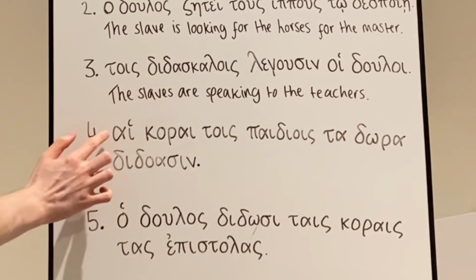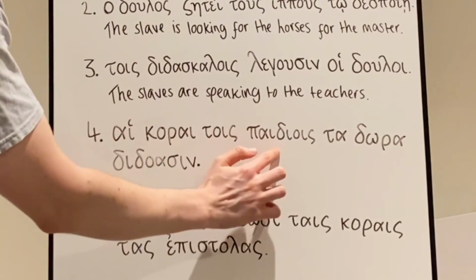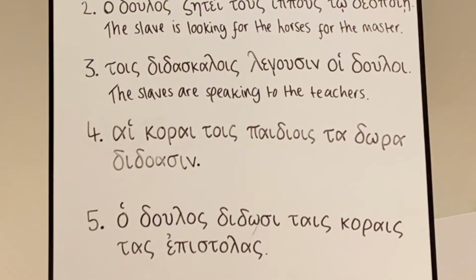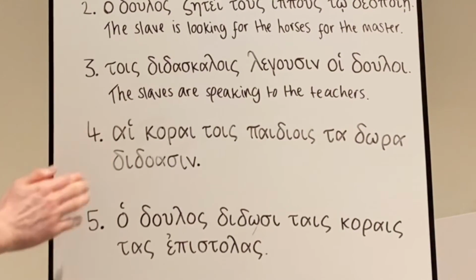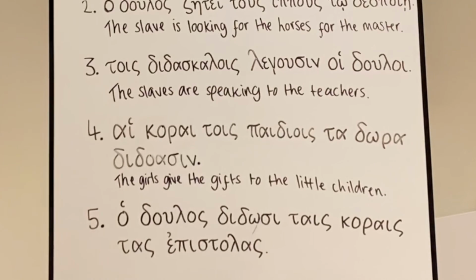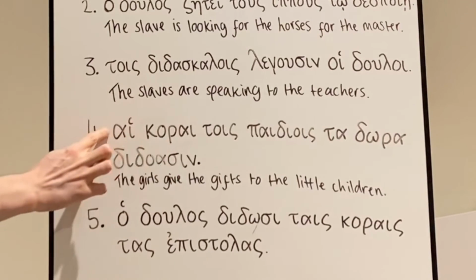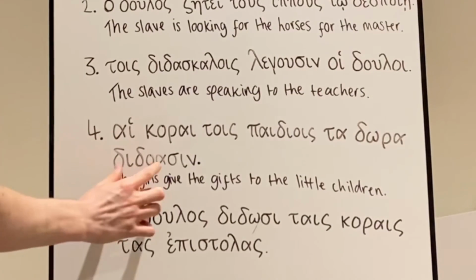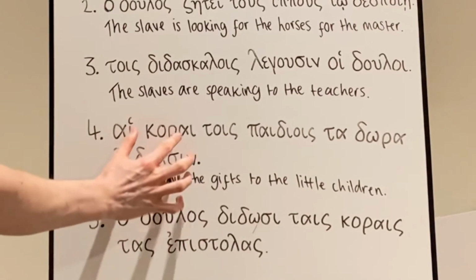Then number 4 was hai korai tois paidiois ta dora didoasin. You should have translated this as the girls give the gifts to the little children. We had the girls in the nominative plural here, as indicated by the definite article. Then we had the verb to give right at the end, and it's they give, but we know who's doing the giving, it's the girls.